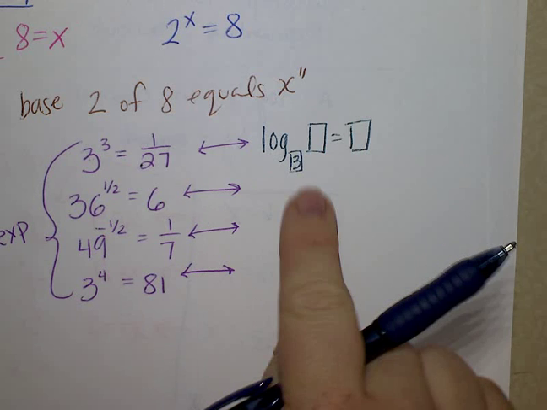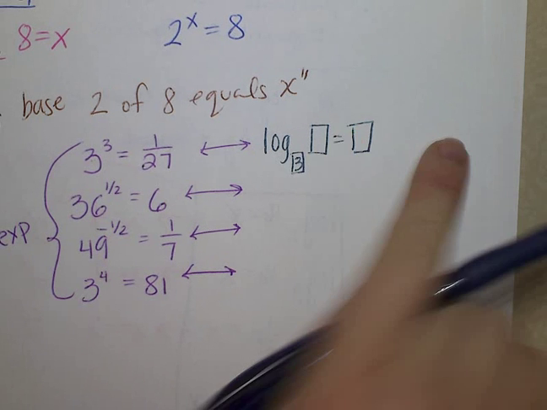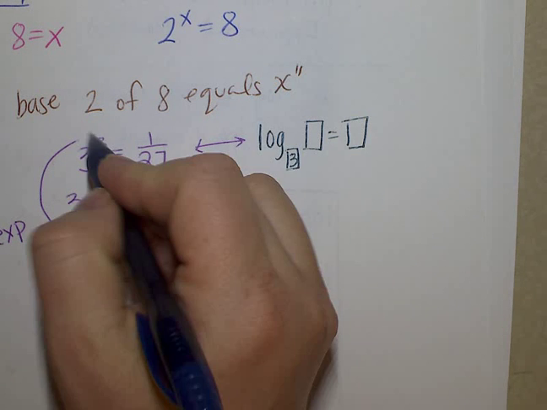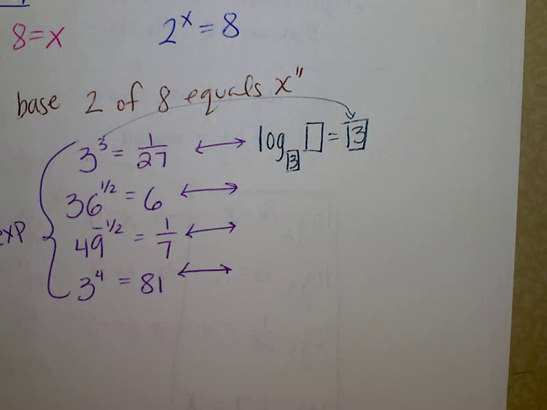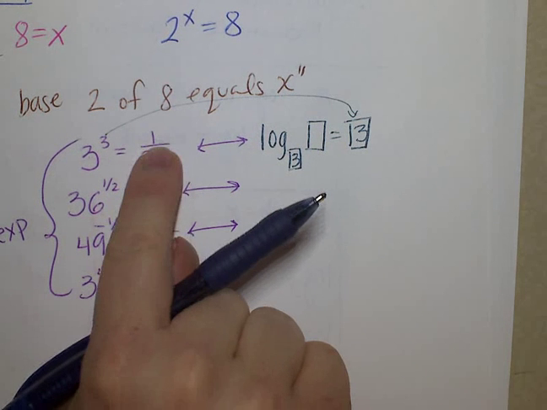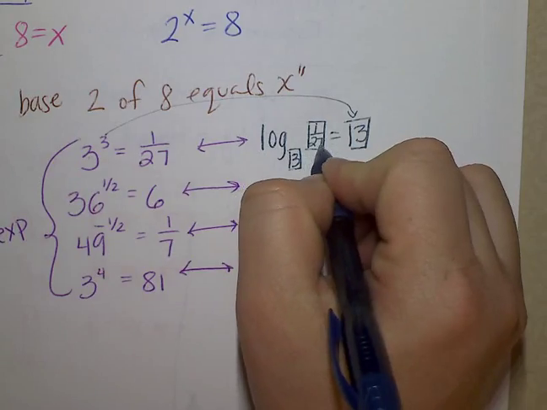Remember, one of the first things you wrote down in your notes was log equals exponent. So here's your exponent. This top number is always going to go on the opposite side of the equal sign. And the final answer is going to be behind the base. In this case, it's 1 over 27.